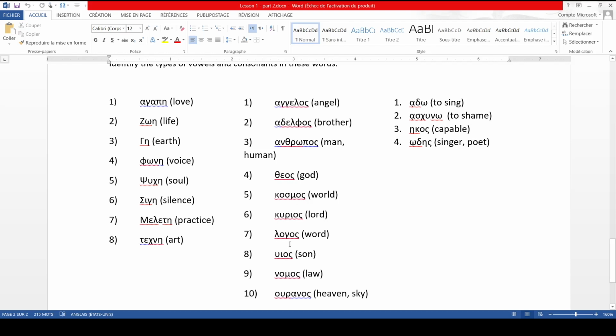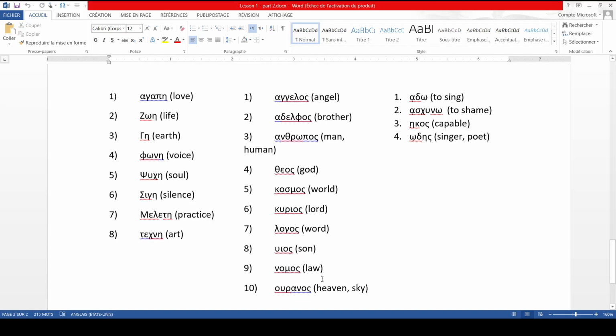Logos, word. This is the written word, or it can also mean discourse, as in a lot of sciences like theology, psychology, ecology, and a lot of other sciences. Helios, that means sun.